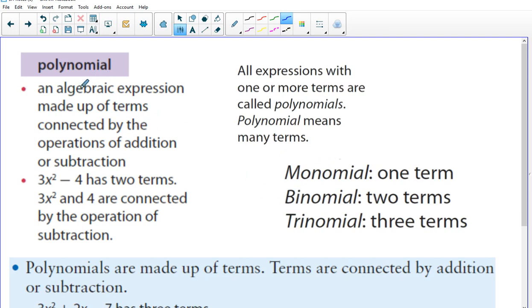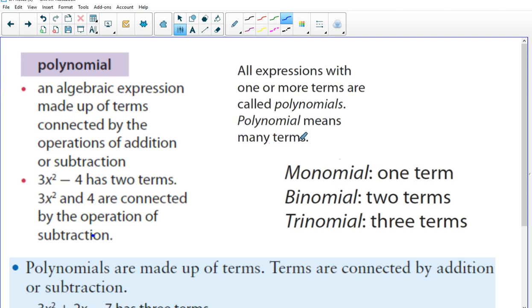So a polynomial is an algebraic expression made up of terms that are connected by operations of addition and subtraction. So for example, 3x squared minus 4 has two terms because 3x squared and 4 is connected with the operation of subtraction. Okay, all expressions with one or more terms are polynomials.